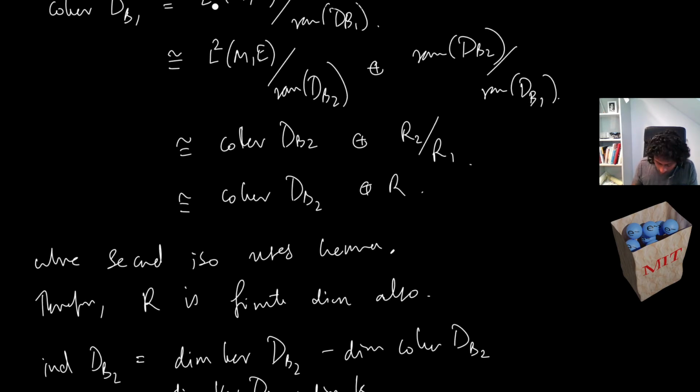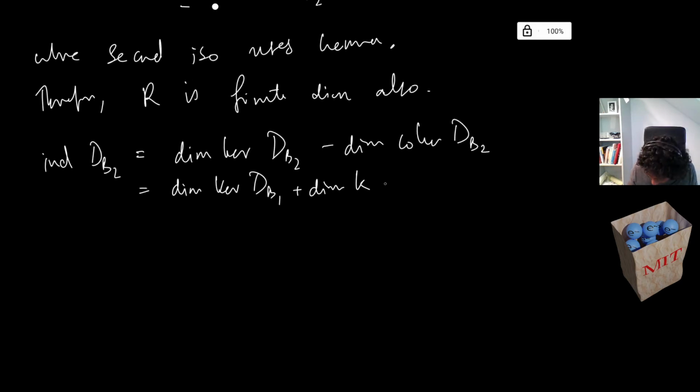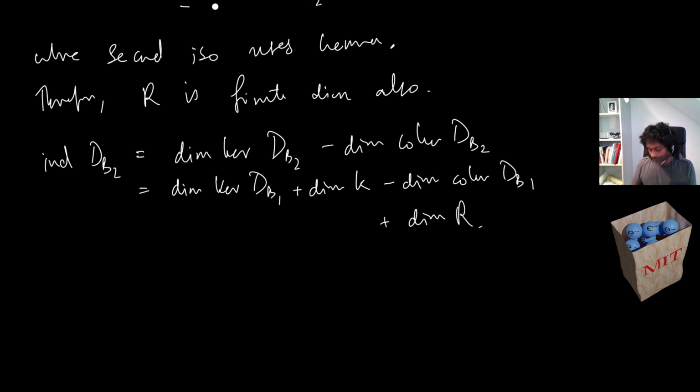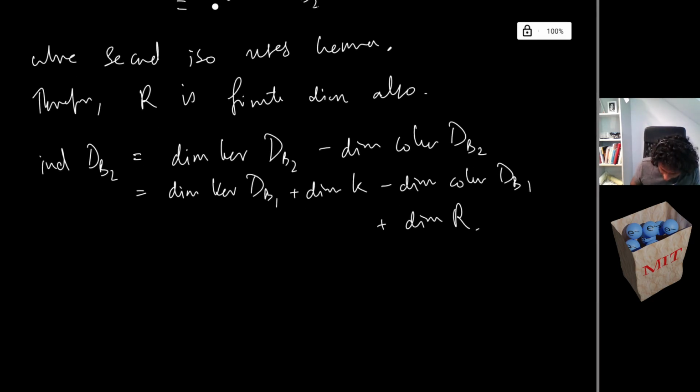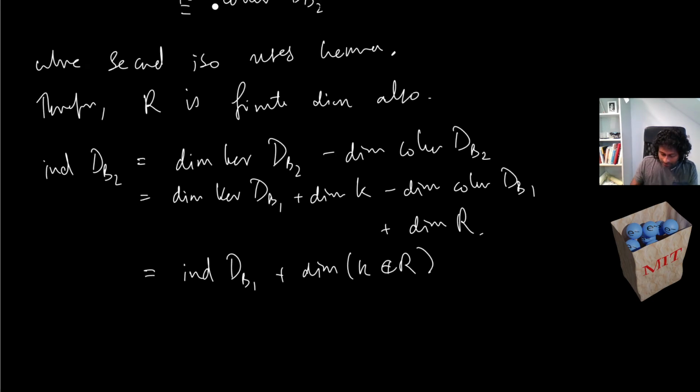So it's a minus sign: the co-kernel of dB1 is the co-kernel of dB2 plus this term R. So if we subtract, we get minus the dimension of the co-kernel of dB1 plus the dimension of R. Okay, so now we combine this and we get the index of dB1 plus the dimension of K plus R. And what is the dimension of K plus R?